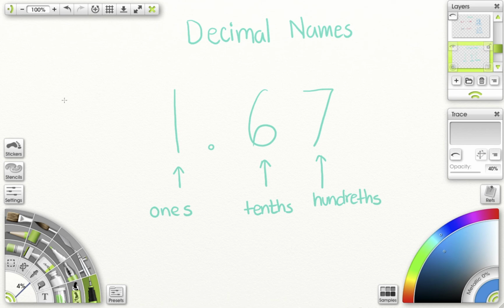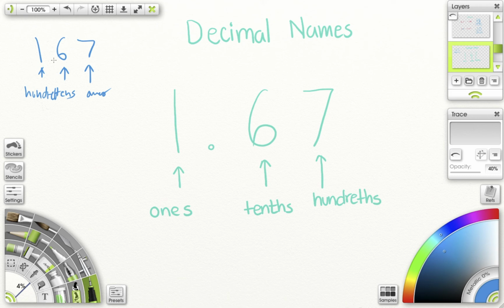So as you guys may remember, you have learned in the past that let's say you have the number 167. This first number here is your ones column. This one here is your tens column. And this one here is your hundreds column. With decimals, things are a little bit backwards.